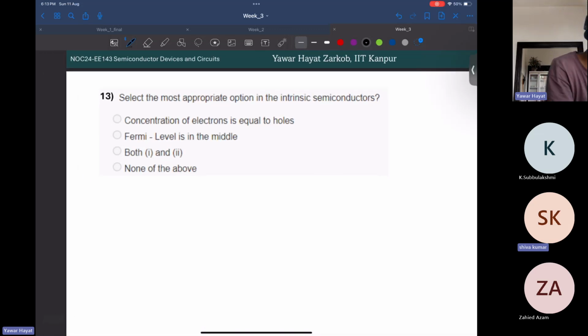He already explained it. So the correct answer is option A. The concentration of electrons is equal to the concentration of holes in the semiconductor. We cannot go with the Fermi level in the middle option because that requires a condition: the effective mass of holes should be equal to the effective mass of electrons. And since we were not given that, we cannot just assume anything.